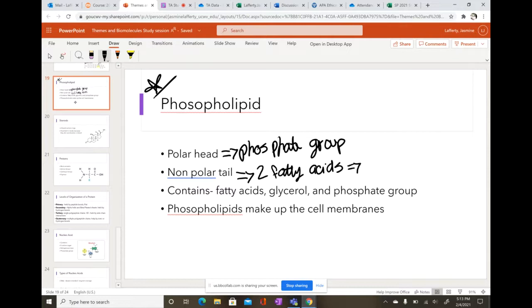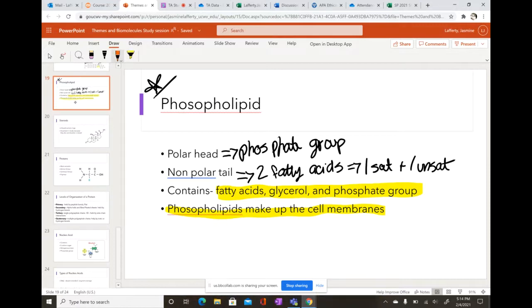Now, of the 2 fatty acids, you have one saturated, so one non-broken one, and one unsaturated, so one broken one. And then these are the major things it contains: fatty acid, a glycerol, and a phosphate group. And you really need to know that phospholipids make up the cell membrane.